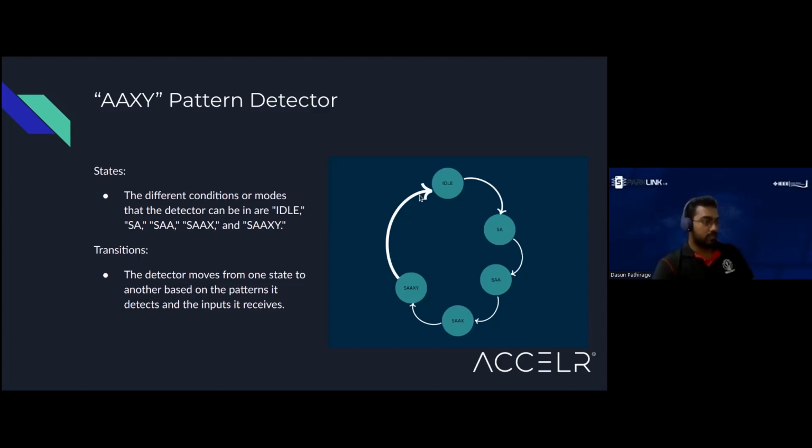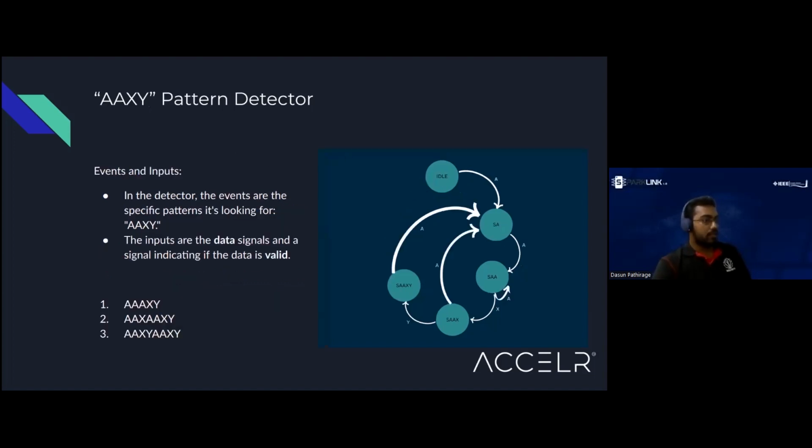So don't focus on these arrows in this image. It's just mainly to show you the states only. Now we trigger the transition based on the input, so we'll go case by case.